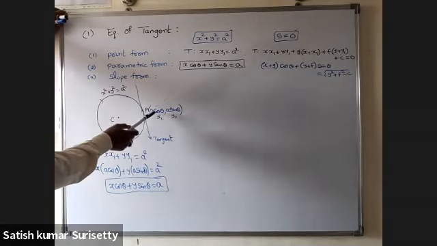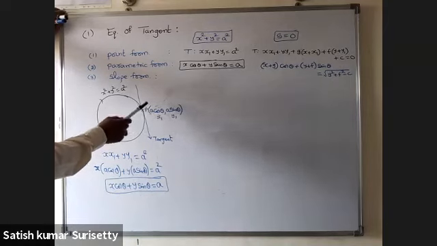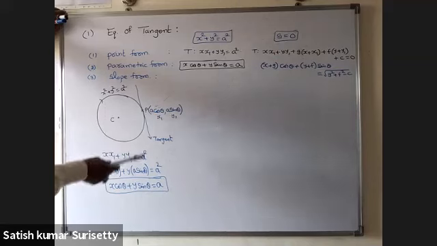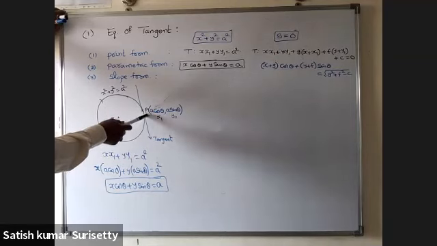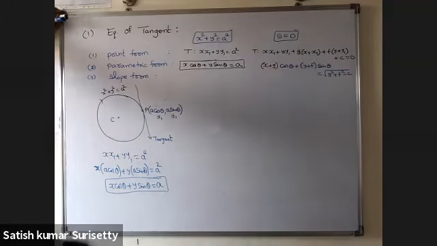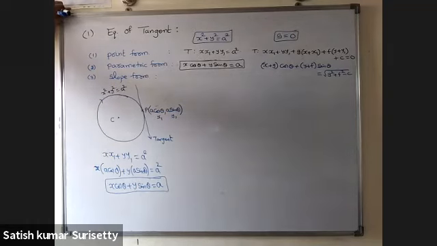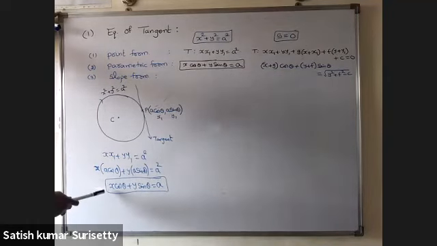Now, because you have the point (a cos theta, a sin theta), either you can apply the previous method, either calculus or calculating the slope, or else you can directly apply the equation of the tangent in point form, x x1 plus y y1 equal to a square, by replacing x1 with a cos theta and y1 with a sin theta in this equation and simplify. So the equation of the tangent in parametric form will be x cos theta plus y sin theta equal to a.